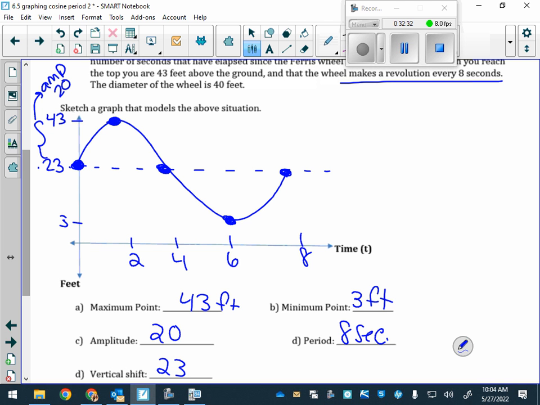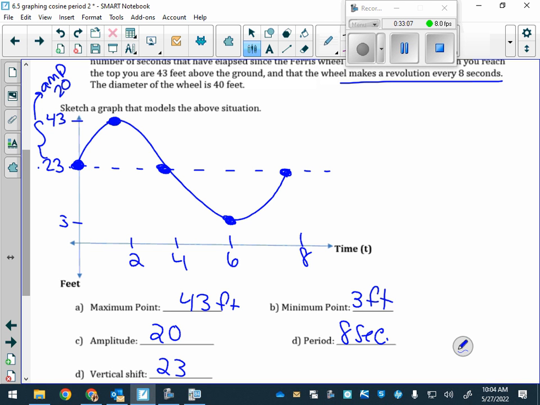The midline, okay. 43 minus 3 is the diameter, 40, right? Okay, so if I was to draw it on a circle, this is 43, this is 3, okay? 43 minus 3 is 40. So from here to here is 40 feet. Halfway is 20. So from here to here is 20. But 43 minus 20 gives you what? 23.